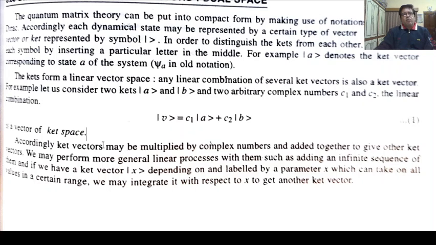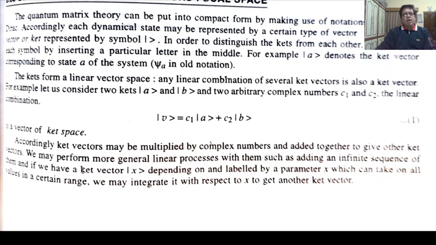Accordingly, ket vectors may be multiplied by complex numbers and added together to give other ket vectors. We may perform more general linear processes with them, such as adding an infinite sequence of them.